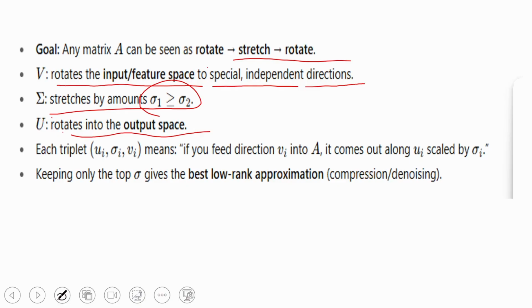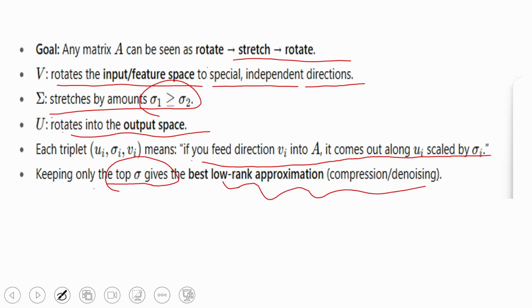Each triplet Ui, sigma i, Vi means if we feed direction Vi into A, it comes out as Ui scaled by sigma i. So we keep only the top sigma, which gives the best low rank approximation. This is one application. You should study SVD applications such as compression or denoising. This will give low rank approximation.